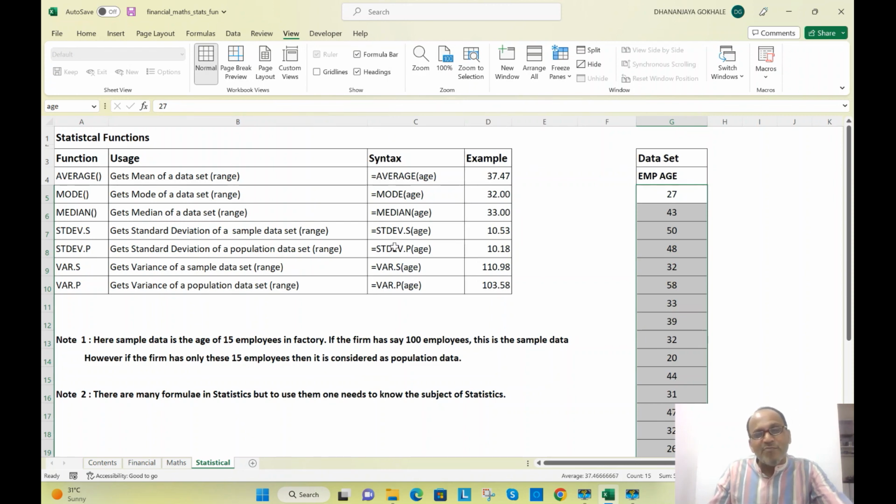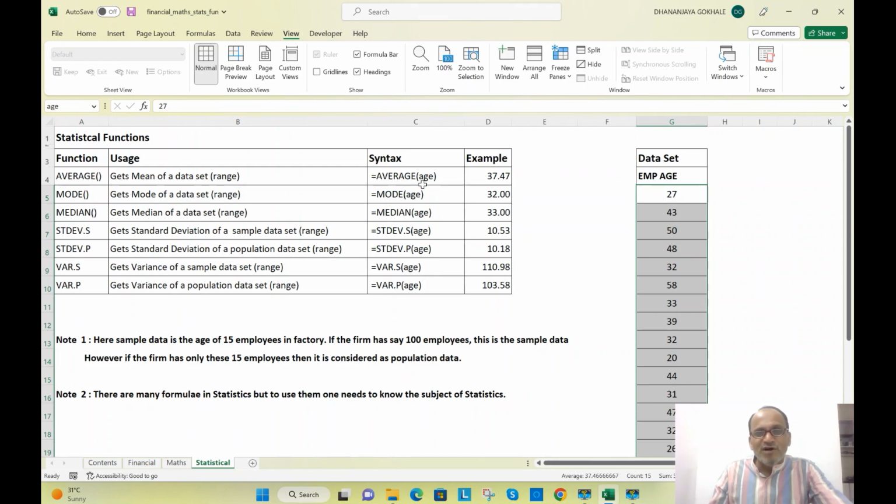That will be an exact and perfect standard deviation. But in statistics, when the population is very large and it is very difficult to collect the data, we generally use a sample. That means you pick up a few and generalize on the overall. So standard deviation for sample, standard deviation for population. In the same way, variance for sample and variance for population.